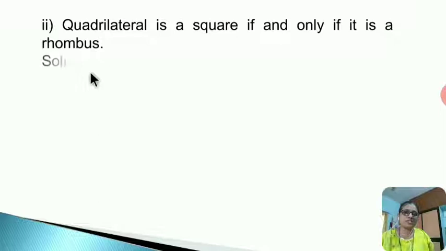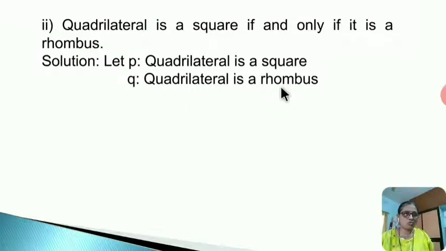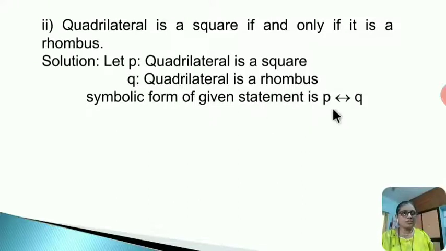So we represent these statements as P and Q. So let P is quadrilateral is a square and Q is quadrilateral is a rhombus. These two simple statements are connected by the logical connective if and only if, that is there is a double implication between them. And so the symbolic representation is P double implies Q.